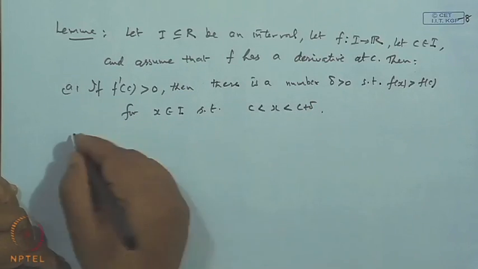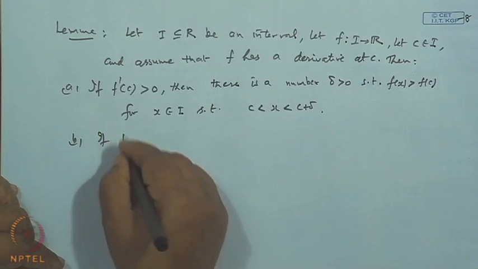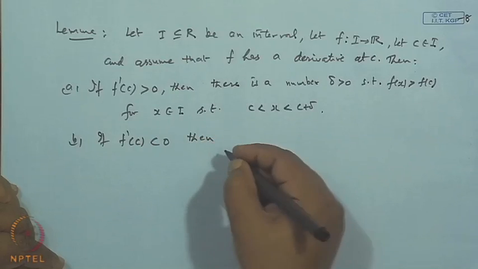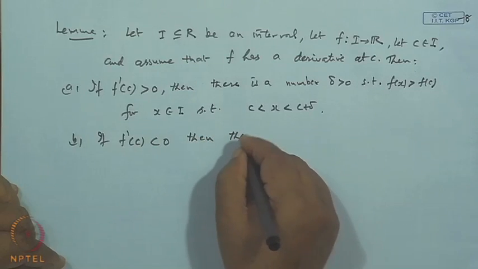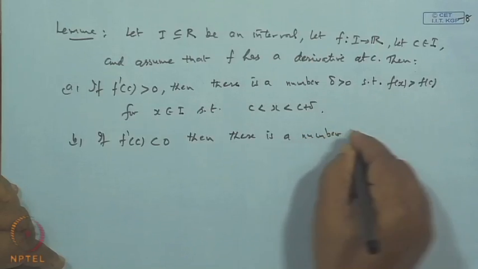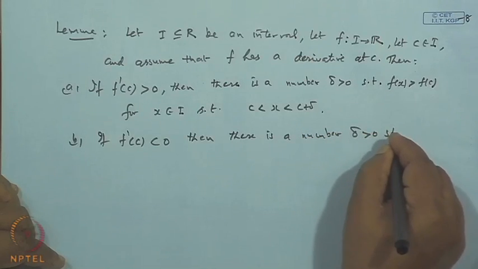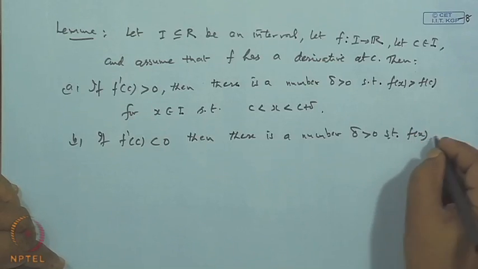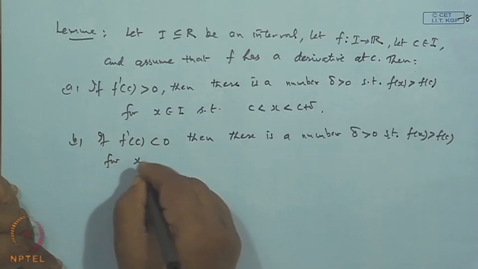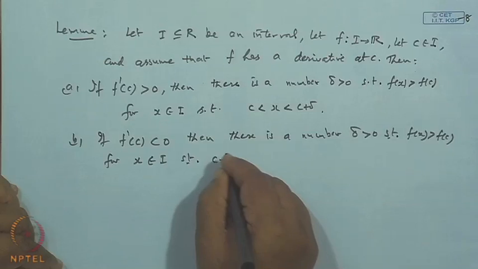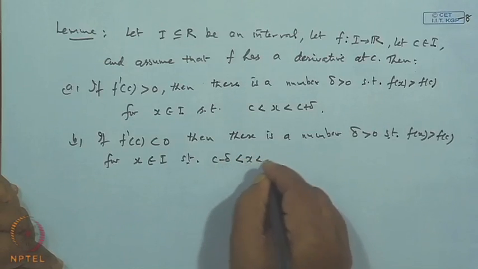And if f prime of c is negative, then there is a number delta greater than 0 such that f of x will be greater than f of c for x belonging to I, such that c minus delta less than x less than c.